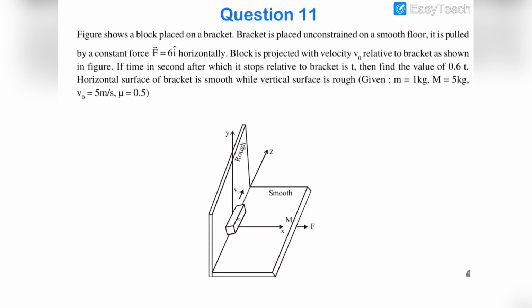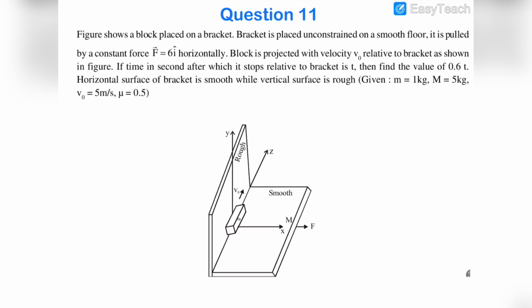The floor, which is the horizontal surface of the bracket, is smooth while the wall is rough, and the coefficient of friction of the wall is 0.5. This block is being given an initial velocity of 5 meters per second. Its mass is 1 kg and the mass of this bracket is 5 kg. We have to find out the time in which this block will stop with respect to this bracket.